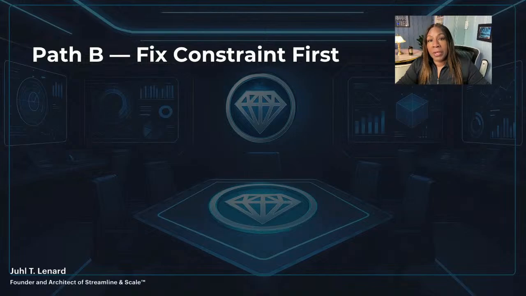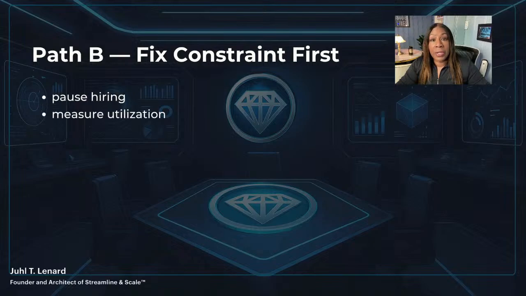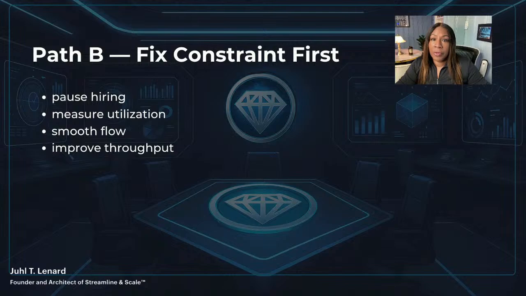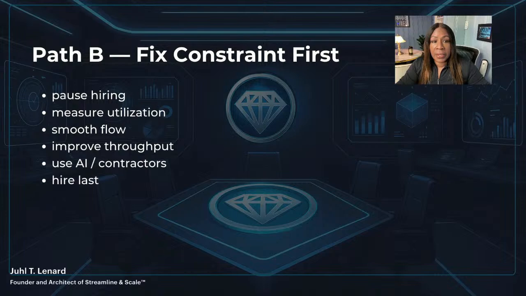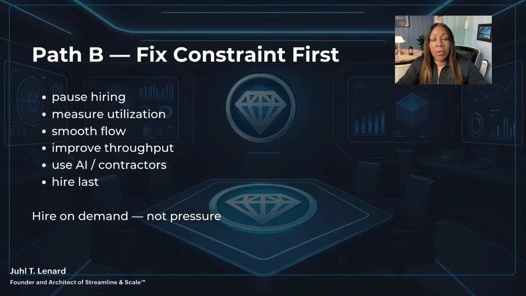If we fix the constraint first, we pause the hiring, measure utilization, smooth the workflow, improve the throughput, and we augment resources with AI or contractors in the meantime until we can stabilize. Then we hire. So hiring is a last resort versus the next step. We hire on demand, not pressure.